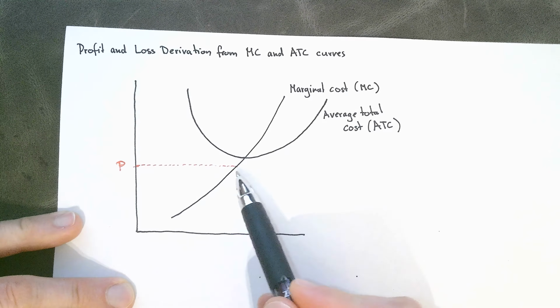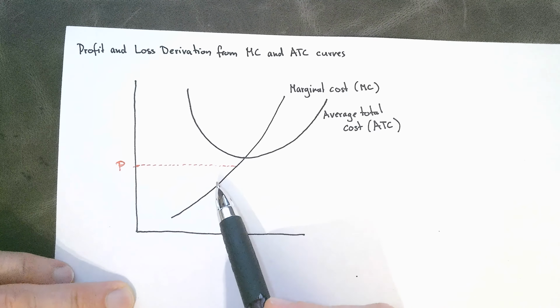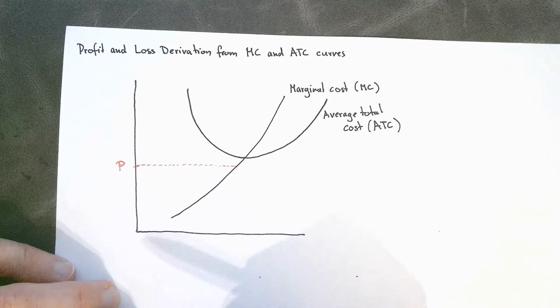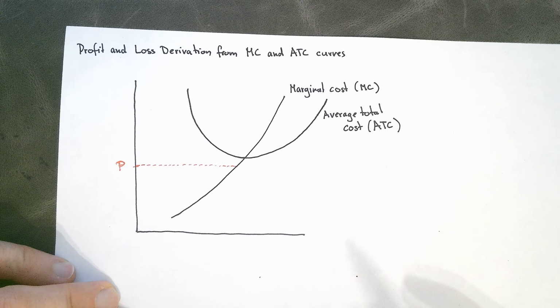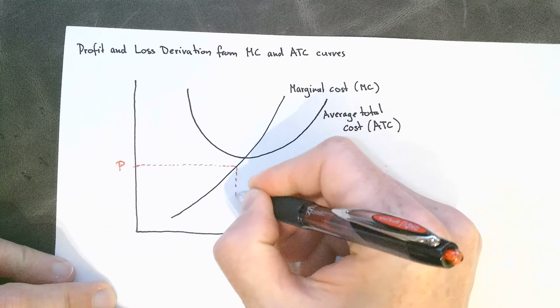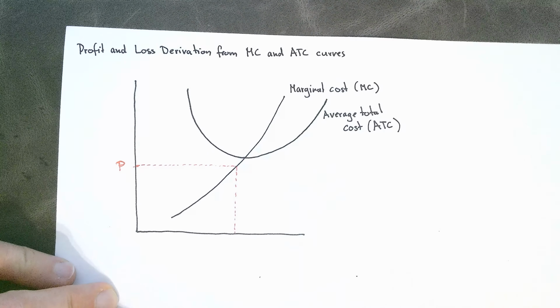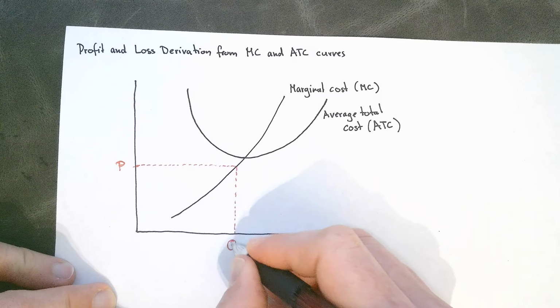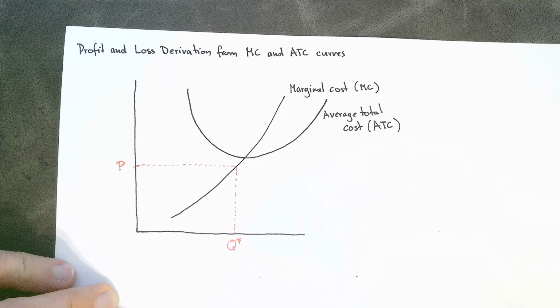And now here assume that the price is still above the average variable cost function, so that the producer is actually still producing and participating in the market. Then the firm chooses QF as their output level. Okay.